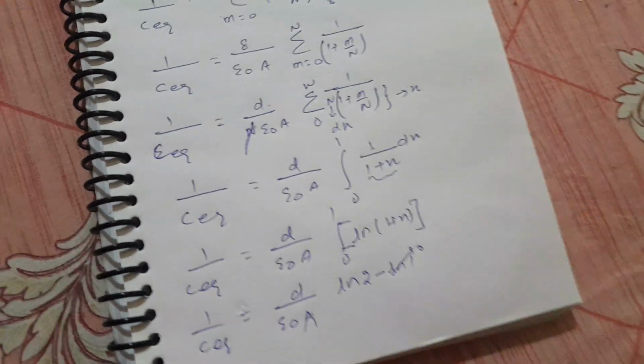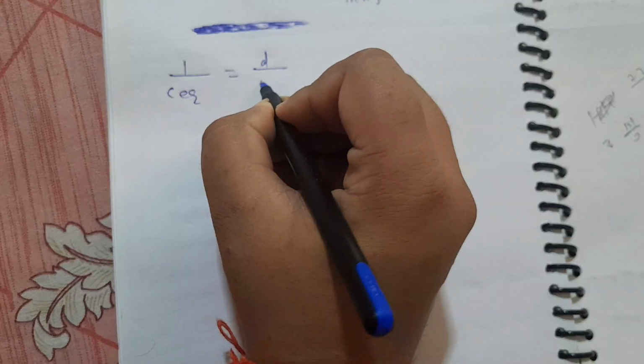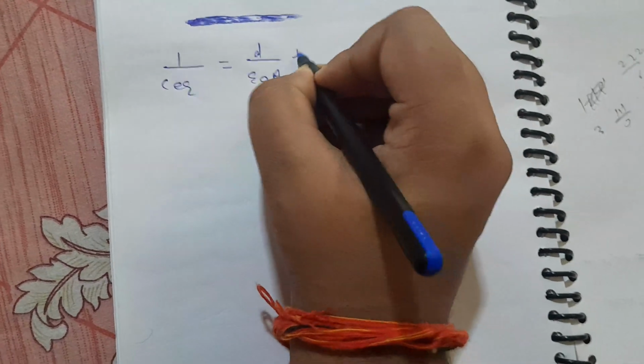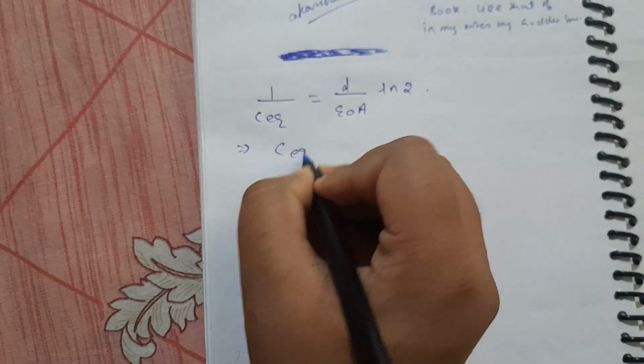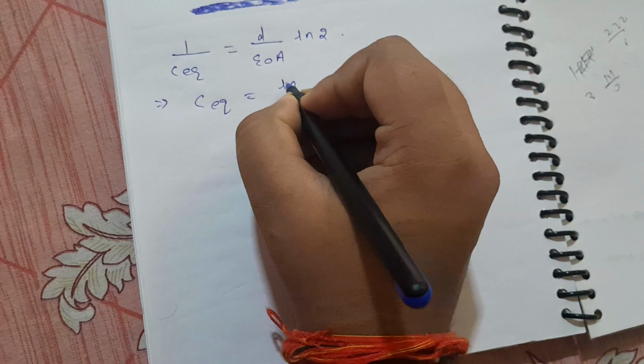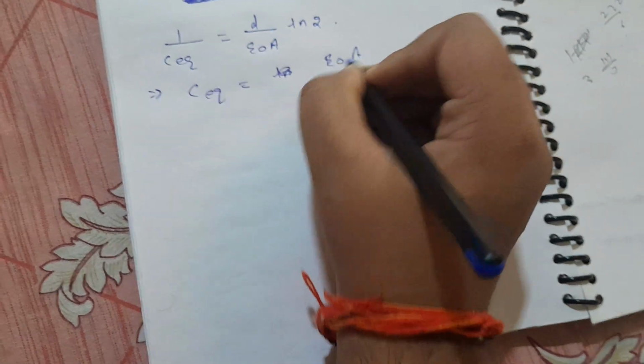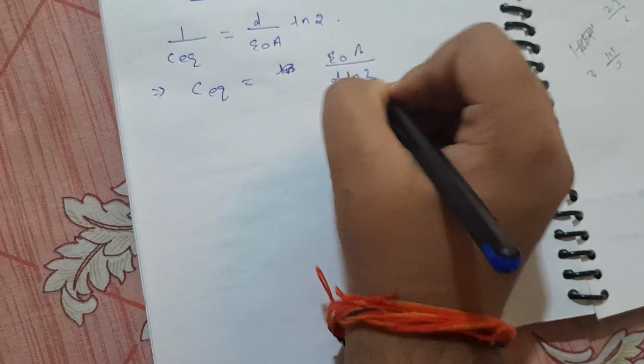And now we will get 1 by C equivalent is equal to D by epsilon naught A ln of 2. Hence C equivalent will be equal to epsilon naught A by D ln 2.